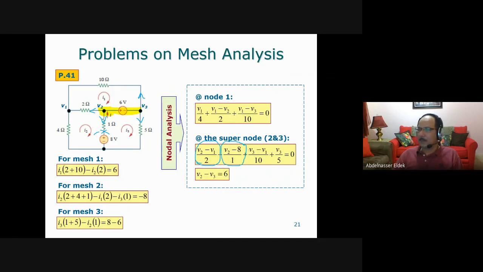The next one, for example here, is V3. This one is V3 minus V1 divided by 10. And the last one is V3 minus 0 divided by 5. Then this is what you get when you apply Kirchhoff's current law at the supernode.